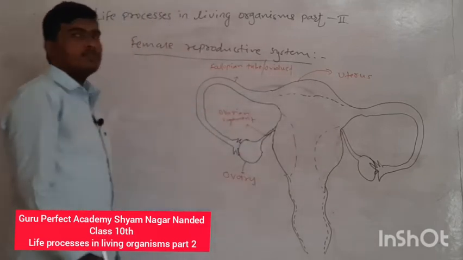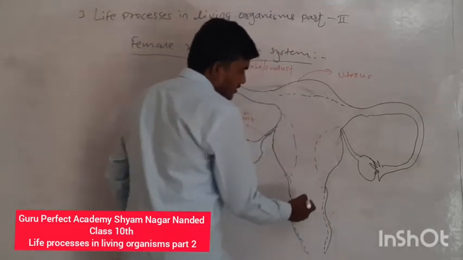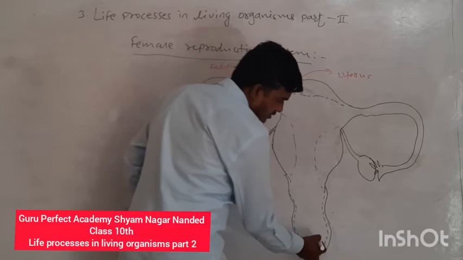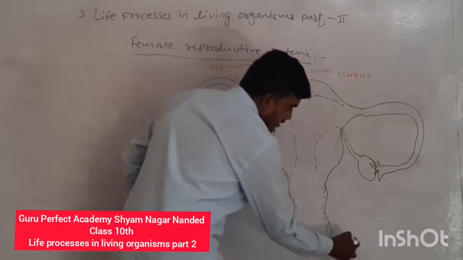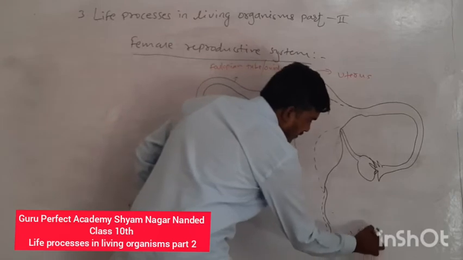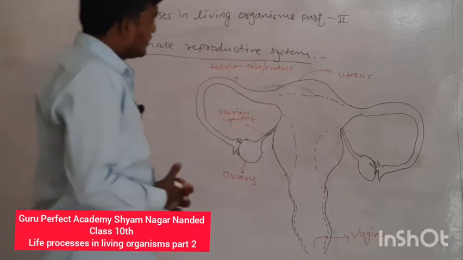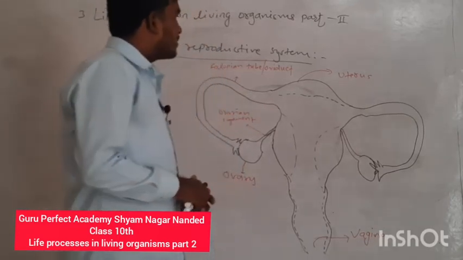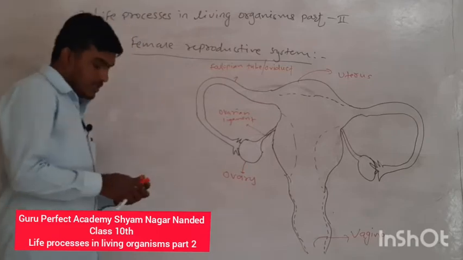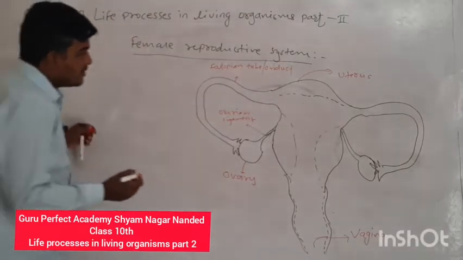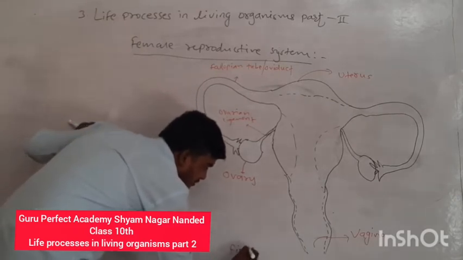This is also called the oviduct, and this one is the vagina. Okay, so these are the parts of the structure. Write the label below.